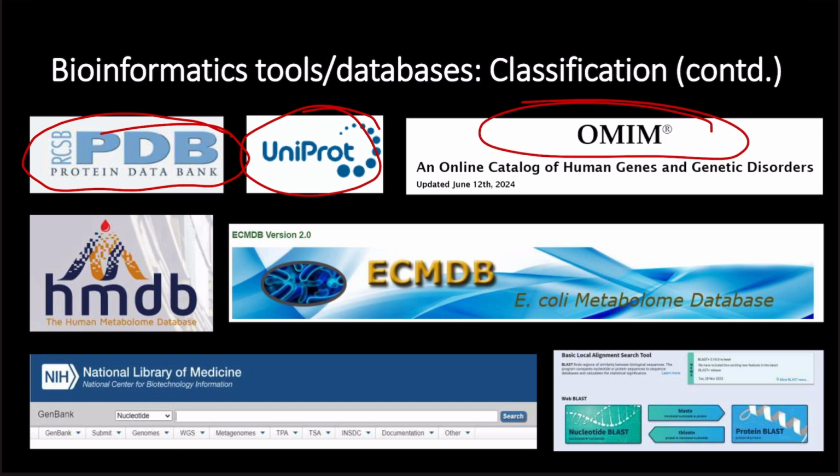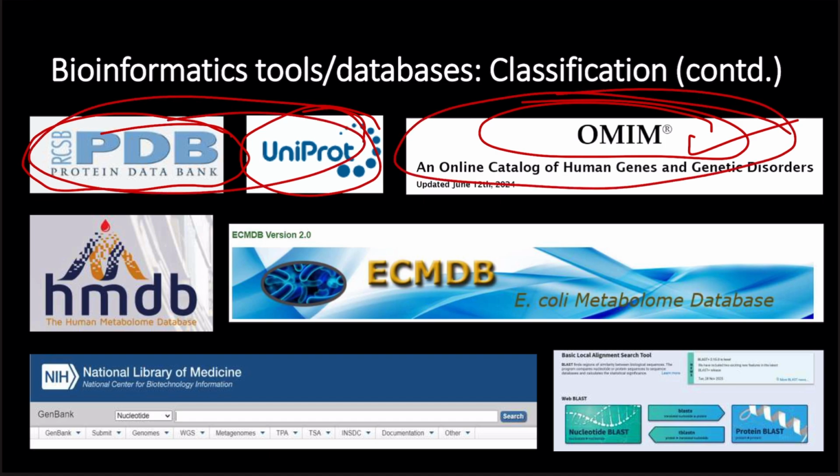Next is OMIM. OMIM stands for Online Mendelian Inheritance in Man. In this we are studying the different types of genetic diseases and the genotypes which are associated to that particular phenotype, that is the genes which are responsible for causing particular diseases. So it is a type of disease database. These two were types of protein database, and this is the type of disease database.